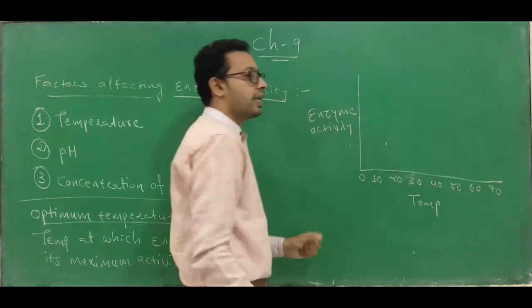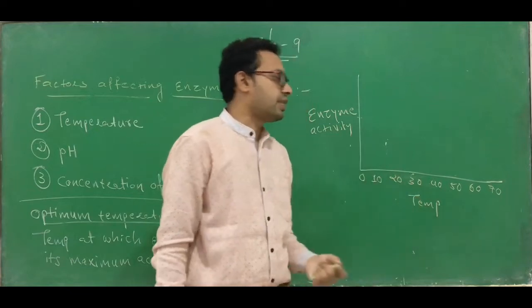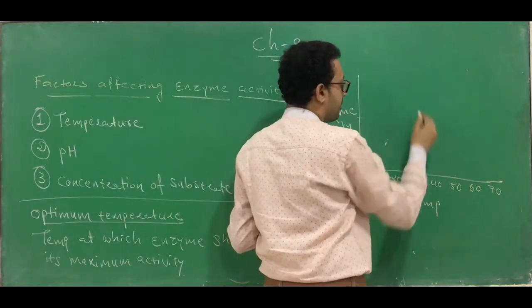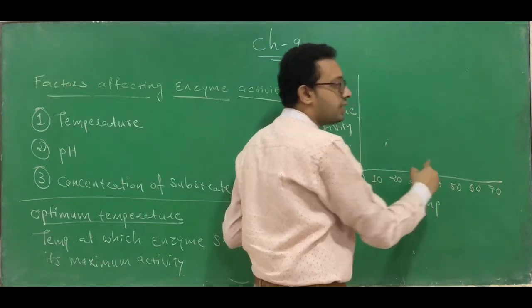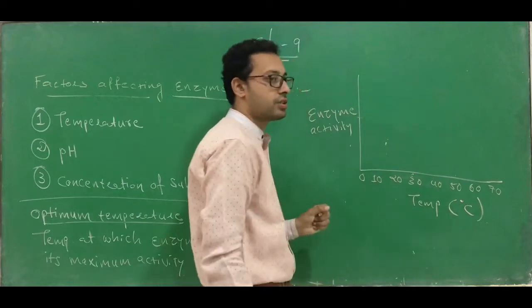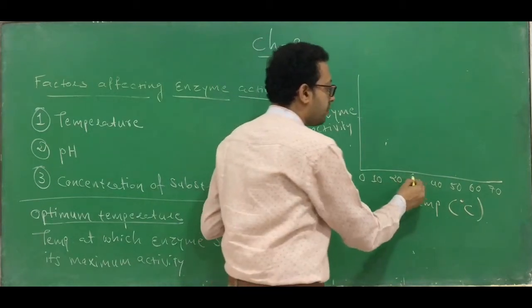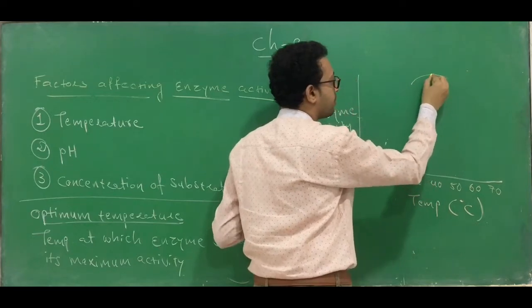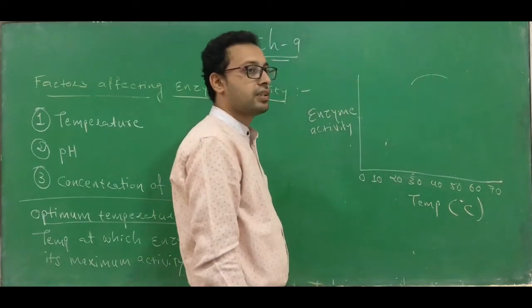This is the graph of enzymatic activity against temperature, shown in degrees Celsius. At a temperature between 30 and 40 degrees Celsius, the enzyme shows the maximum activity. Suppose assume that this is the maximum activity.